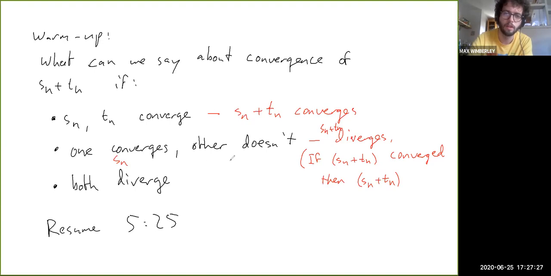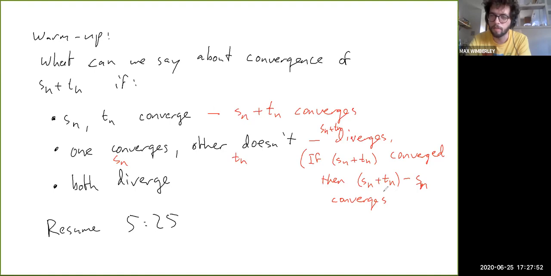Let's say Sn converges, Tn diverges. But if Sn plus Tn converged, you could subtract Sn. And that would have to converge, because both of these two would be convergent, and that would mean that Tn actually has to converge too, which we're saying that it doesn't, right?